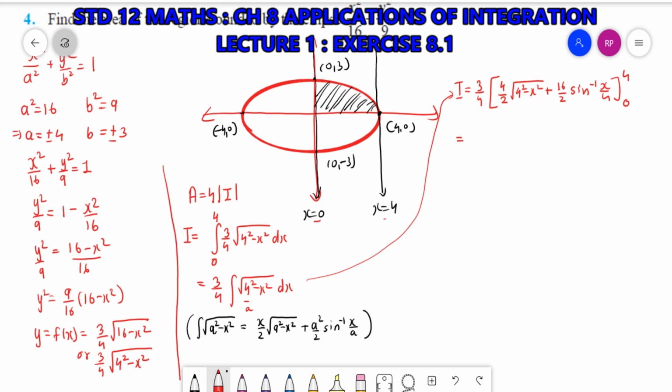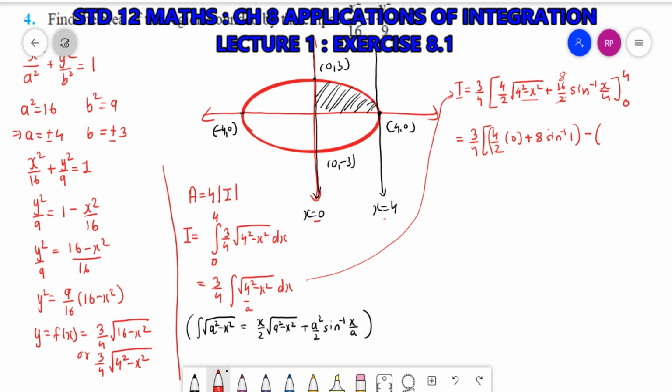This will be equal to 3 by 4, 4 by 2. First we will put the value of 4. So under root of 4 square minus 4 square, 0. It will be 0 plus 16 by 2, I can write it down as 8, sine inverse 4 by 4, that is sine inverse 1.